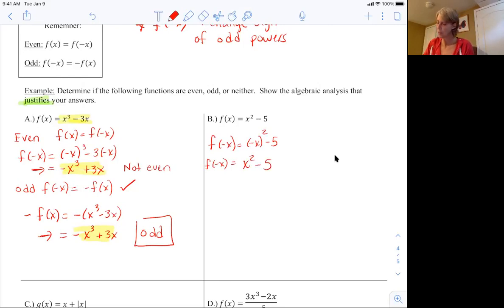Even if you want to do this, does f of negative x equal f of x? Now I just look at them. Did what I get there match that? Yes, they are exactly the same. So this would be an even function. And you could stop because it's not going to be an odd function if it's an even function.